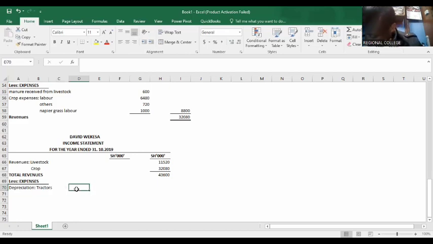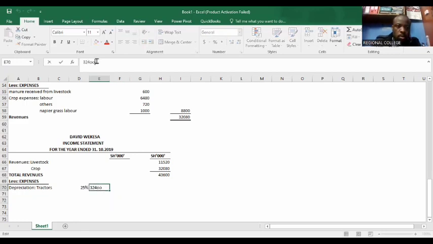So tractors. They say it is 25%. And the net book value from the trial balance is 32,400. So that will give me a depreciation of 8,100.